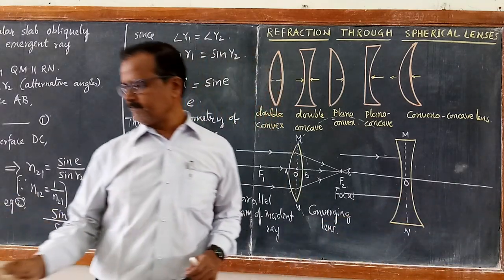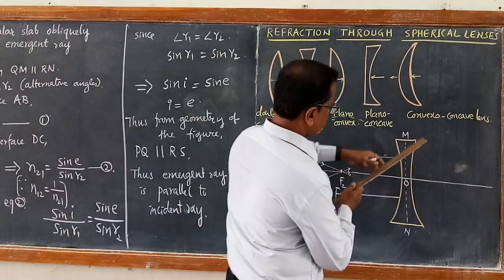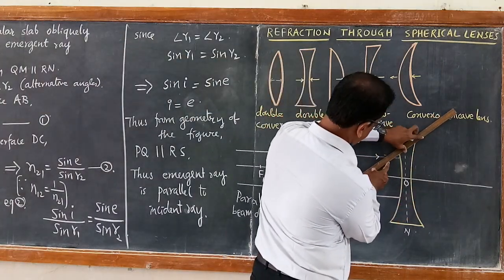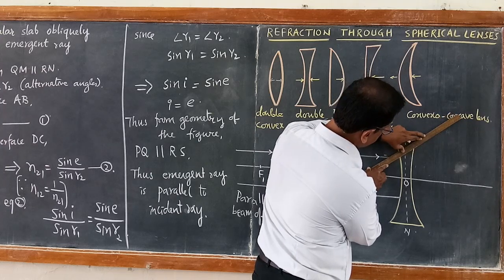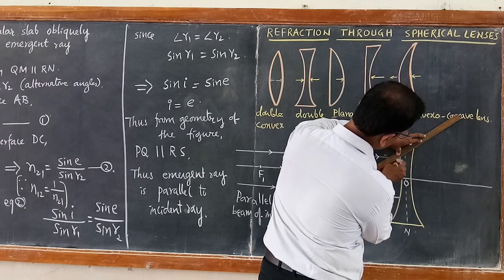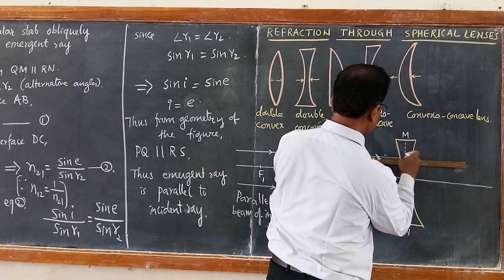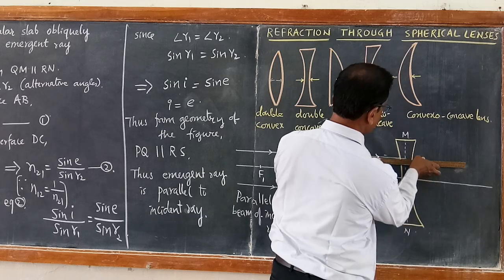You see, interestingly, when you draw this, this is how you are going to get the divergence. The rays are getting diverged. You can just continue here for convenience.